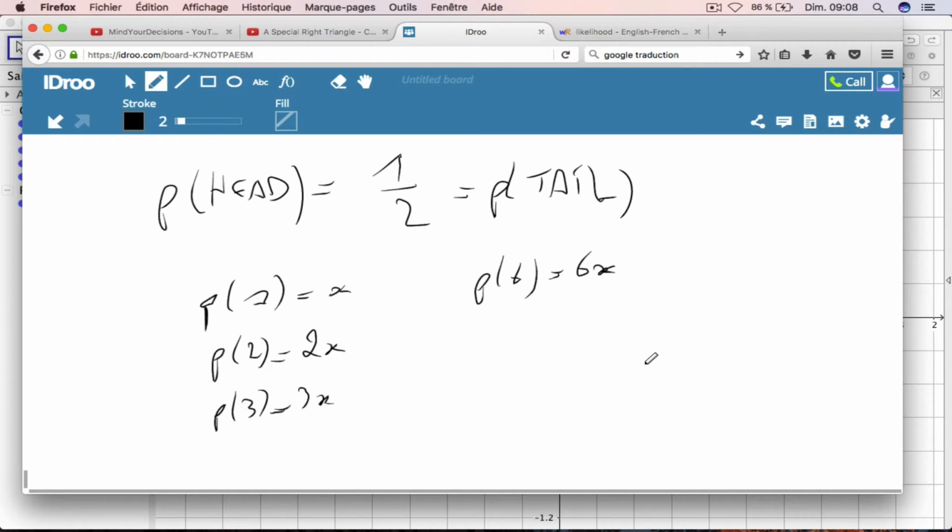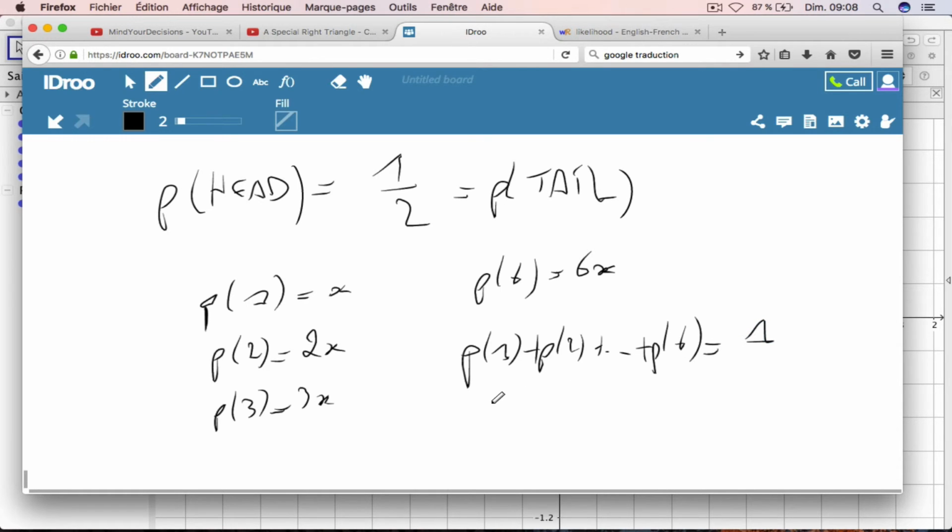We know that when you throw a dice, you cannot have any case other than 1, 2, 3, 4, 5, or 6. So if you add the probability to get 1 plus the probability to get 2 and so on up to the probability to get 6, you have a certain probability, which is 1.